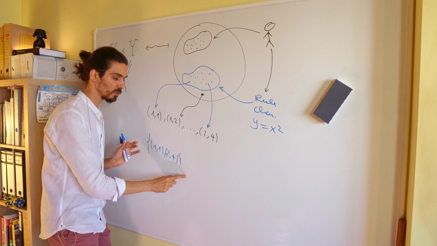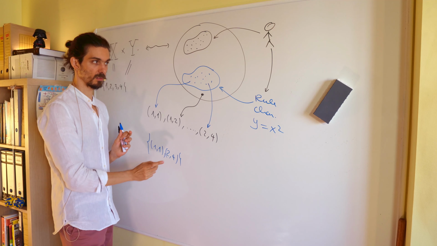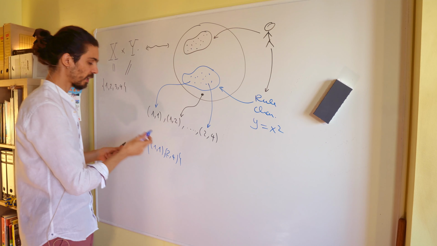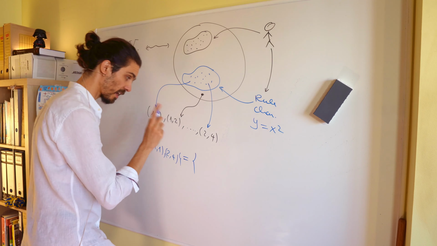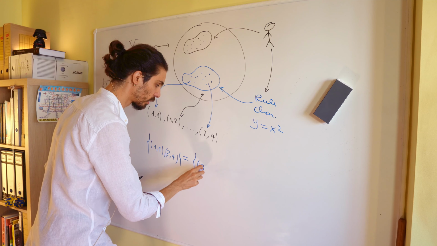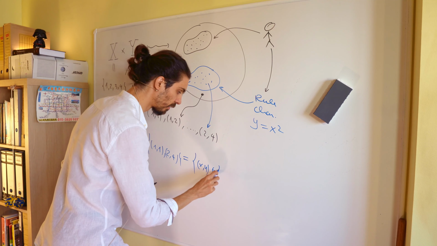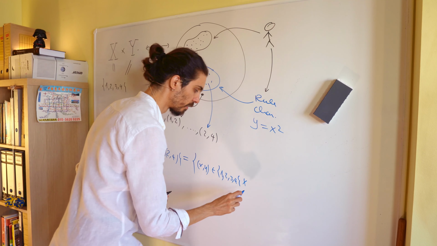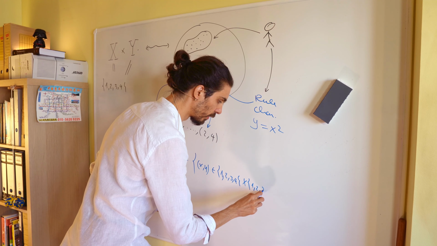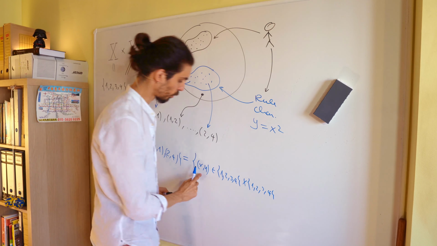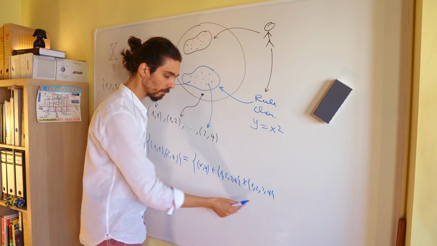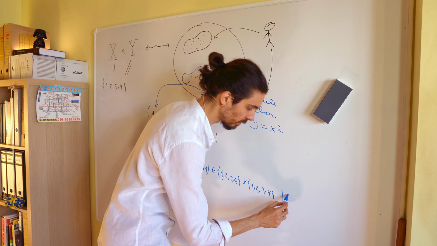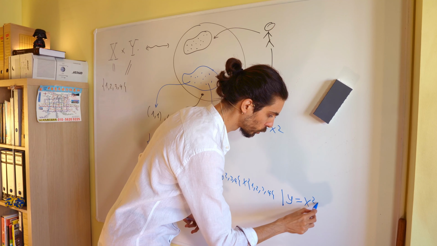But let's now try to describe this implicitly. Implicitly, you do it as follows. You say that you want the pairs x and y living in the Cartesian product of {1, 2, 3, 4} with {1, 2, 3, 4}. So we want pairs living in this arena, but you don't want just any pair, you want those such that y equals x squared.